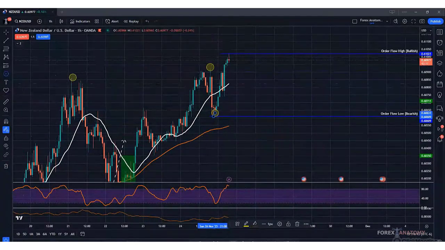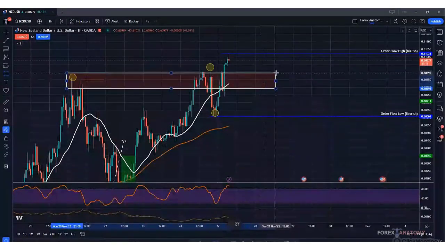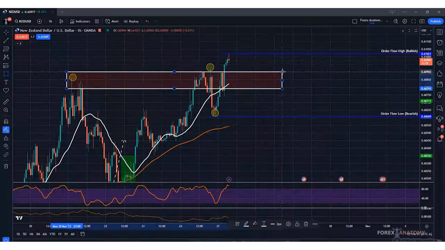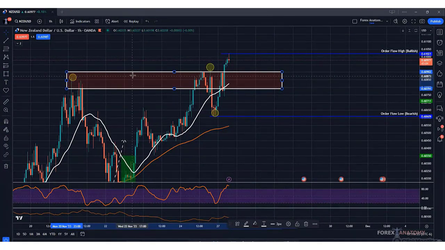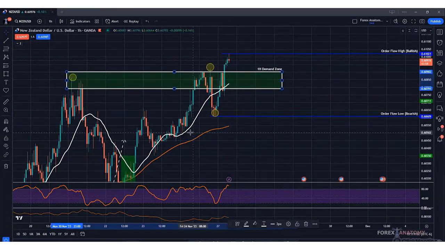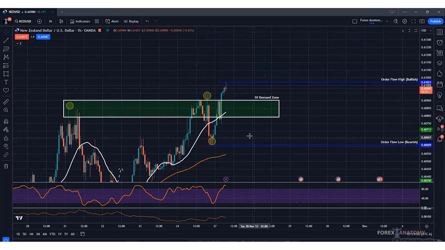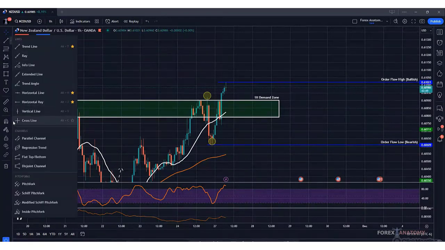So what we can assume is that somewhere in this particular zone, anywhere in this zone, is where we could see the buyers come in. That's what we're going to wait for. We're going to wait for price to come to us. We're going to wait for the buyers to step in, and we're going to look for opportunities to buy on bullish confirmation, or once everything aligns.